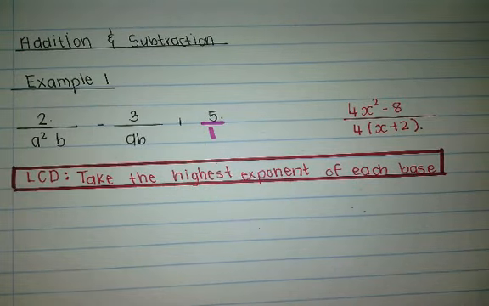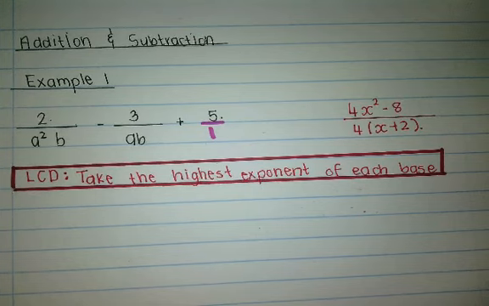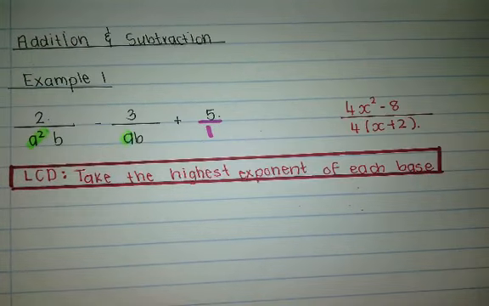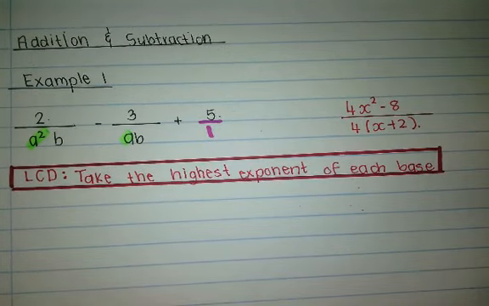Let's go ahead and find our LCD. I love using color. It works for some and not for others, so if you don't like it, you don't have to use it, but it just helps me. In my denominator, I've got 2 different types of bases. I've got a squared and I've got a. That's the same base, correct?